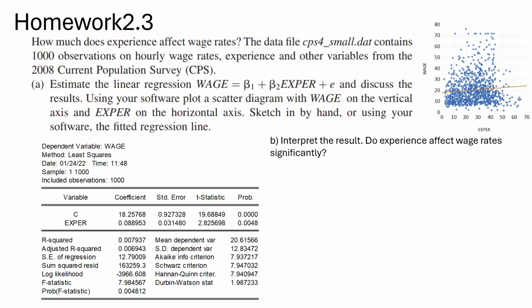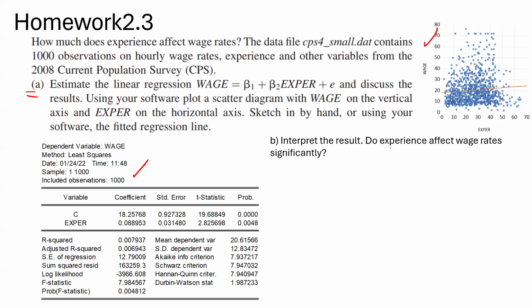And then the final question. Did you try to use EViews already? Did you try to estimate this? You can use software to estimate something similar to this, the figure and the equation. I skip A. You can do it, but for B, please interpret the result.